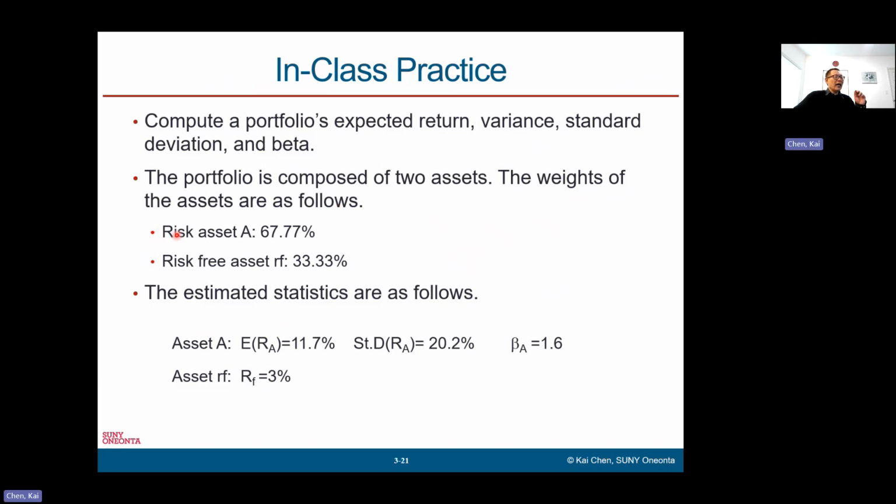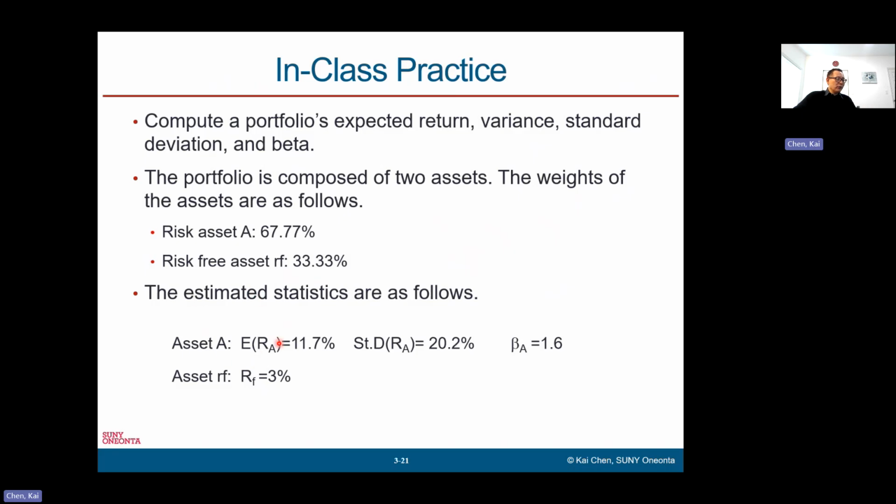One is risky asset A, which accounts for 67.77%. The other one is the risk-free asset. It accounts for 33.33%.